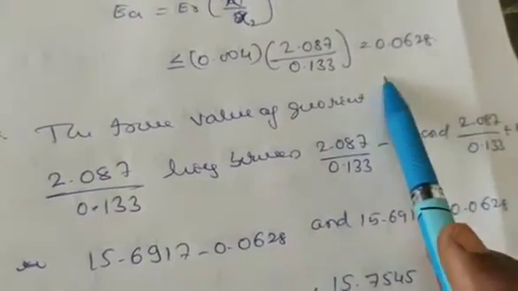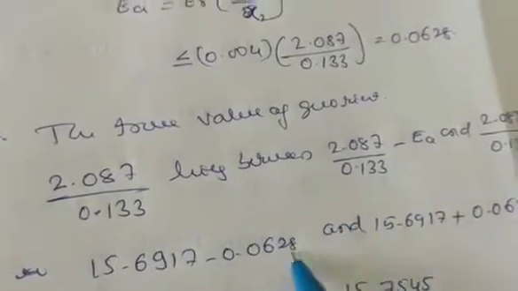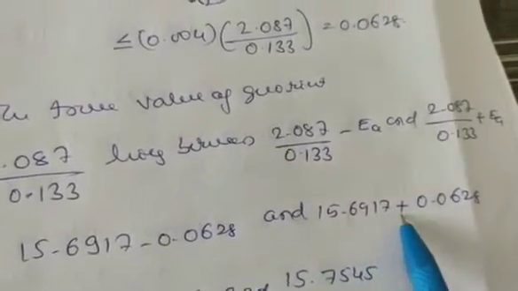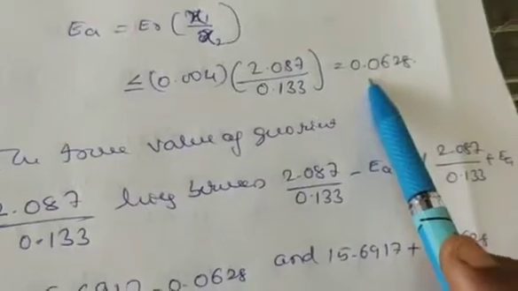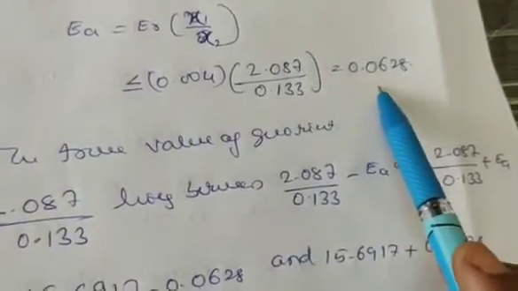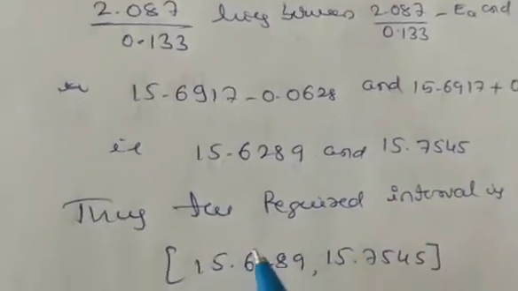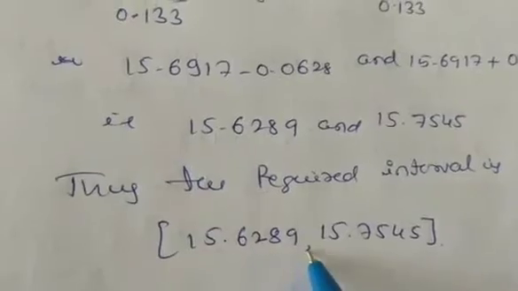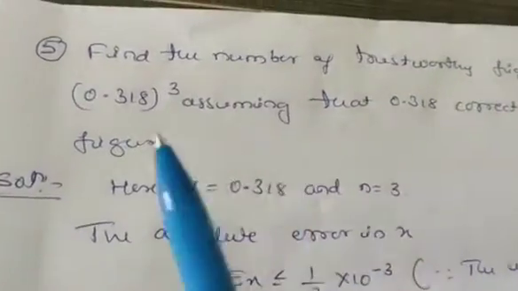After dividing these two you will get 15.6917, minus 0.0628 and plus 0.0628. After simplification you will get these two numbers. Thus the required interval is between 15.6289 and 15.7545.